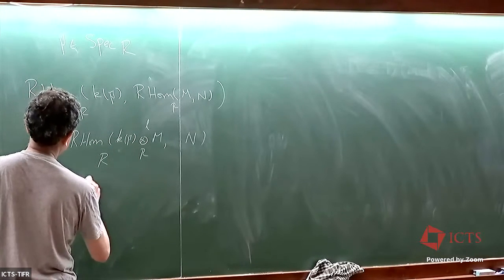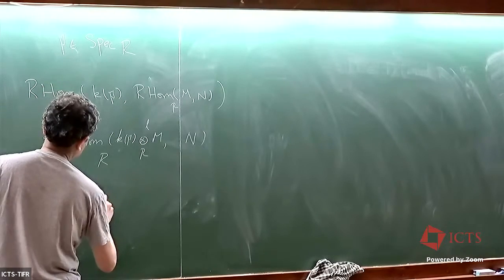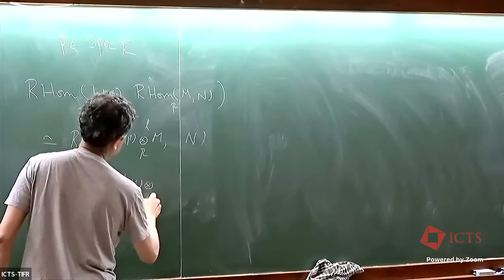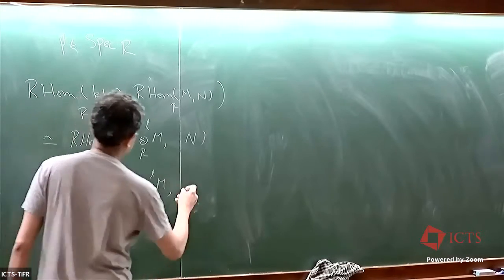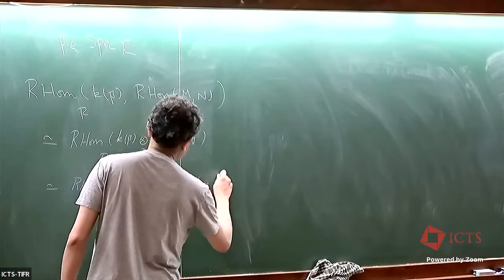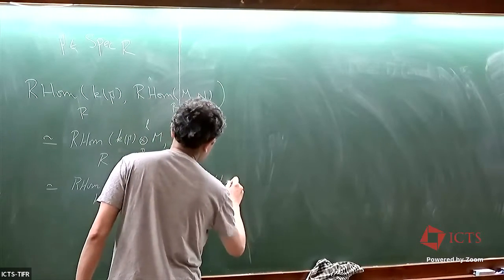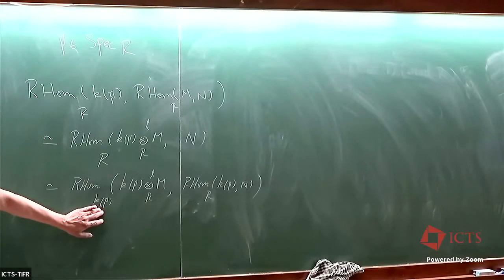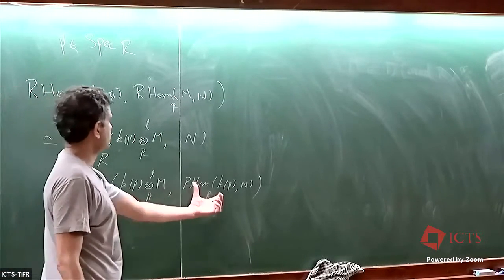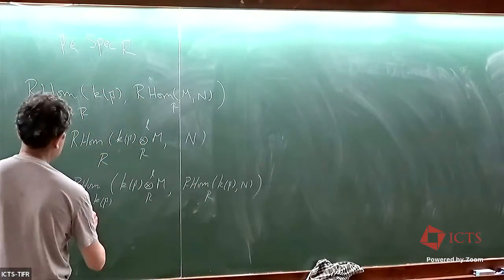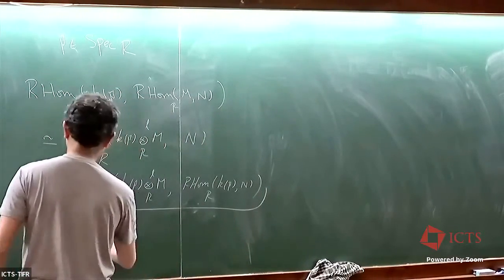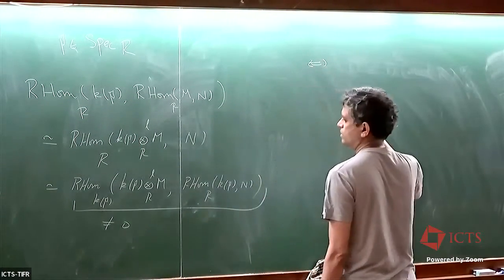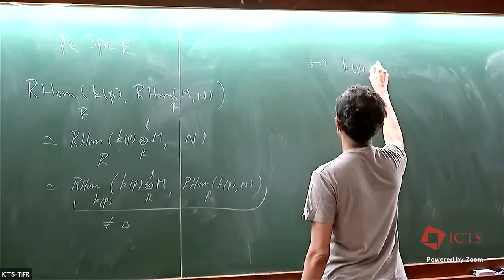So this would be the same as this, and this. So now everything is happening over this residue field. And so there are non-zero maps. This object is non-zero precisely when k(p) tensor M is non-zero.